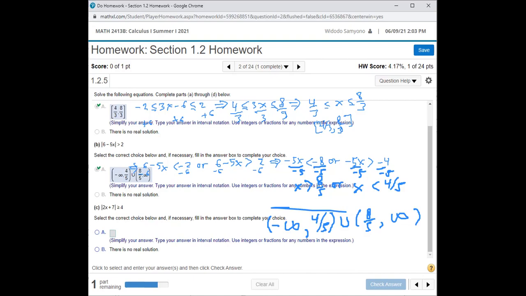Okay. Let me use the smaller drawing pen here. So what you do is now you can split, oops, sorry.